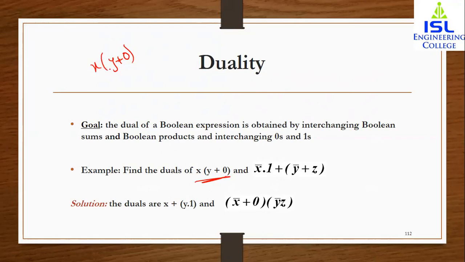Then the dual of that expression can be obtained by, instead of the sum, I have to replace it with the product, and instead of 0, I have to replace it with 1 and vice versa. So for this, x will remain as it is, x into y plus 0, right? So I will have to change this into plus. Y will remain as it is, plus will be changed to Boolean product, 0 is interchanged with 1. Similarly for this one, let me do it over here.